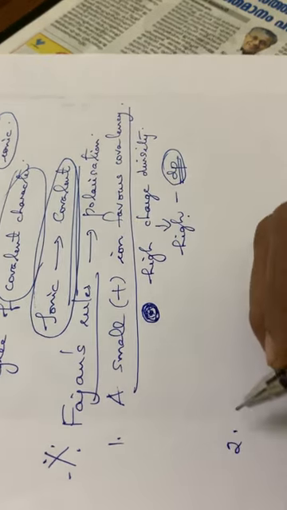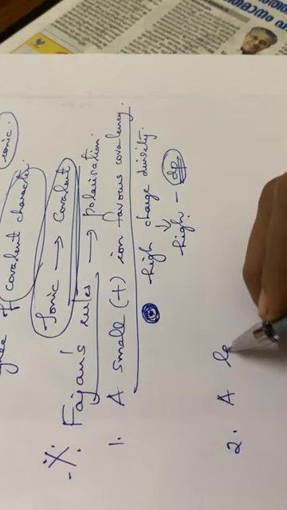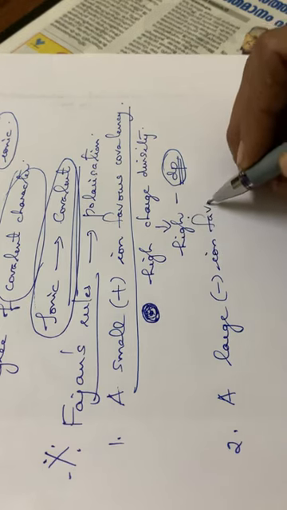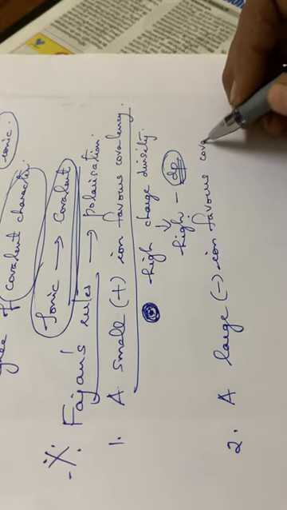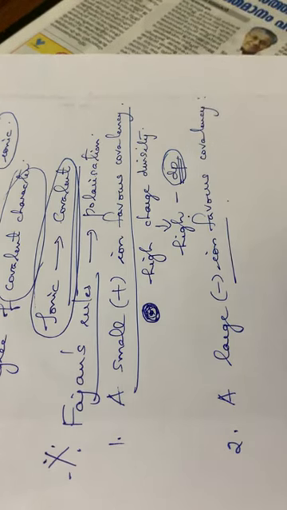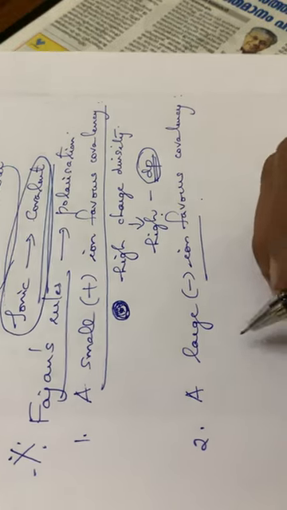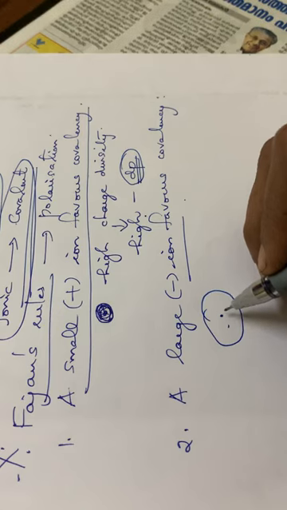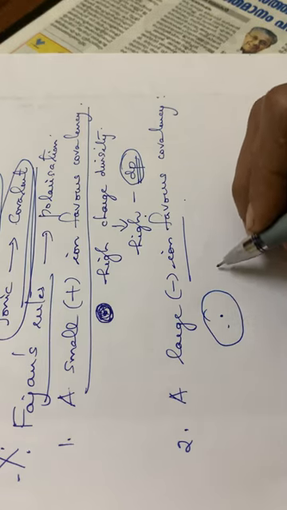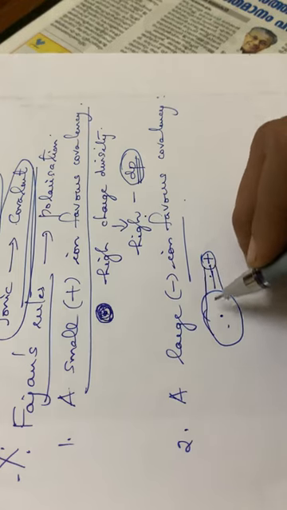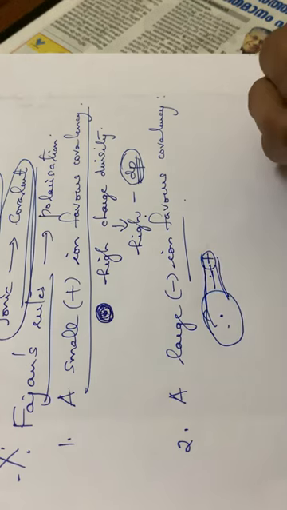Then the second point is that a large negative ion favors covalency. Larger ions are highly polarizable, isn't it? The size will be high, so the electron density is not so much concentrated. When a positive ion comes near, the electron cloud will be much distorted towards the positive ion.